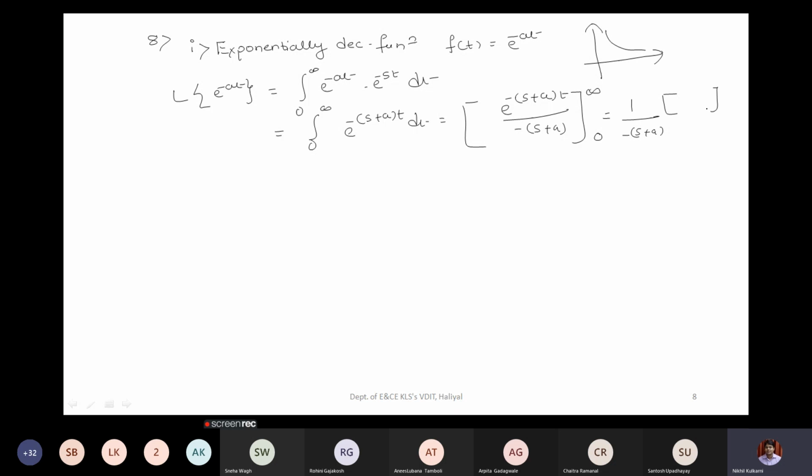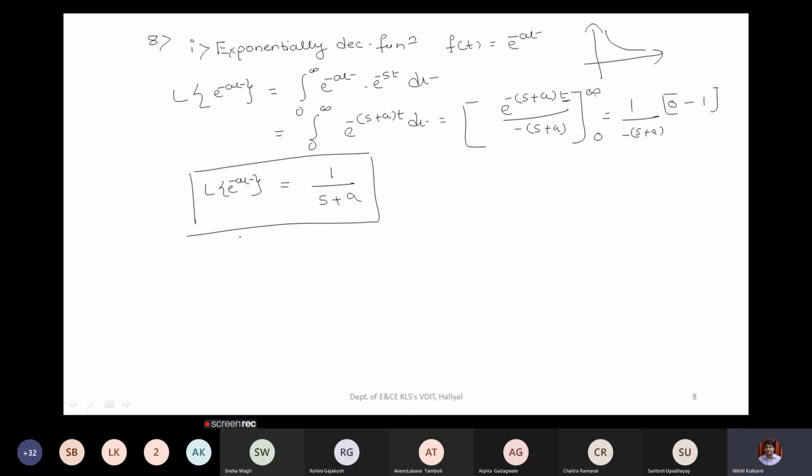Here in the t place, if I put infinity first, that gives the value 0, and if you put 0, that gives me minus 1. So together, the Laplace transform of e to the power minus at is 1 divided by s plus a.